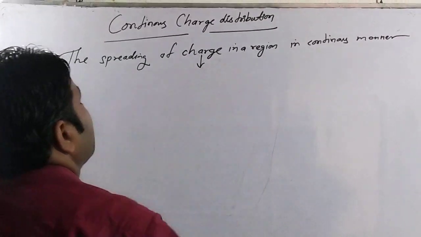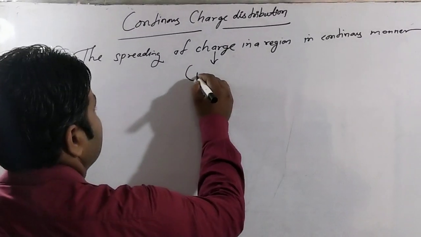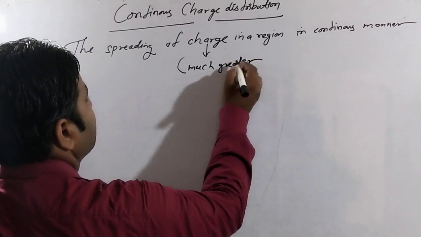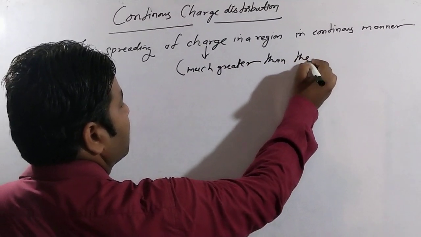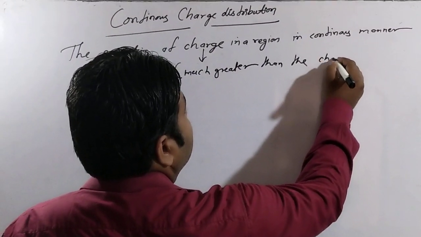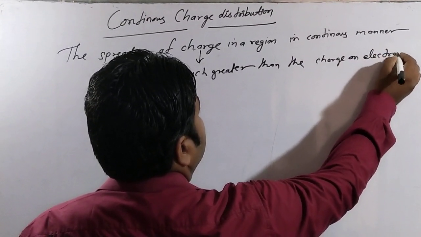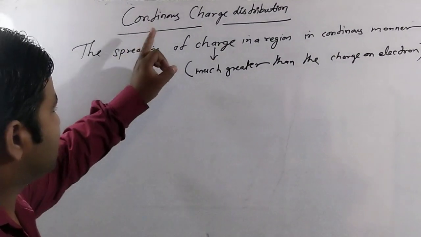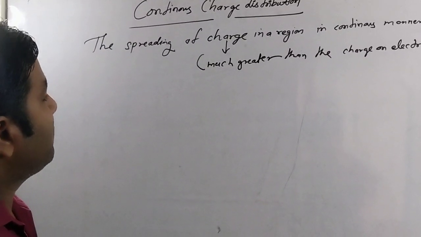And here the charge value must be much greater than the charge on an electron. With the help of this concept of continuous distribution, we will calculate the value of force.